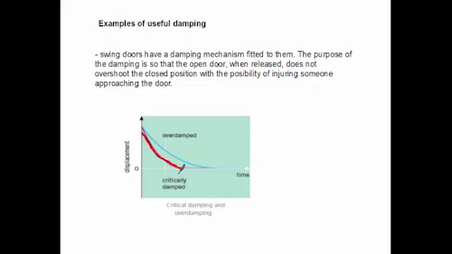So critical damping is the minimum amount of damping needed to return to the equilibrium position with no oscillation. This is the critical damping.